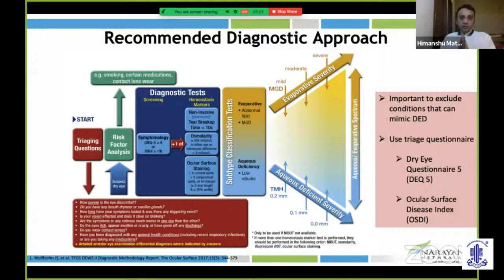According to DEWS 2, apart from all the different questionnaires, the 2 questionnaires which are more exhaustive and relevant are the DEQ 5 and the OSDI, where the score is more than 6 for DEQ 5 and more than 13 for OSDI, which is significant. In the test part, they suggested non-invasive tear film breakup time, osmolarity, and ocular surface staining. We'll take these things one by one.